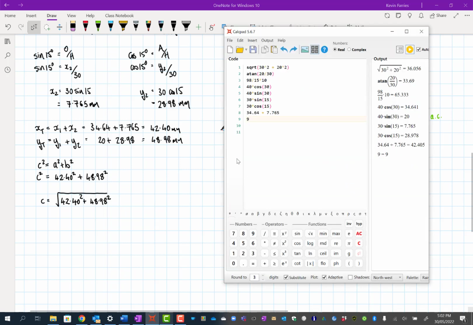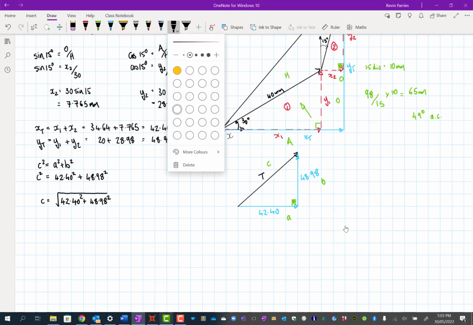So the square root of 42.40 squared plus 48.98 squared gives 64.78 millimeters, and we'll do it to 3 significant figures, so it's 64.8.